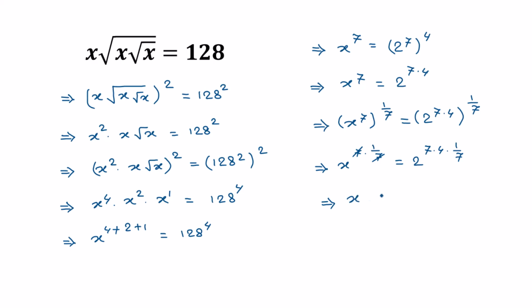That means x is equal to, here this 7 and this 7 will cancel and it will be 2 to the power of 4. So the value of x is equal to 2 to the power 4. This is 16. And this is the solution of our given equation.